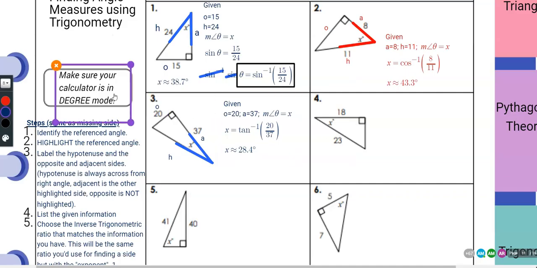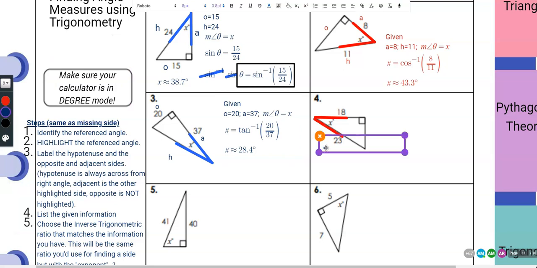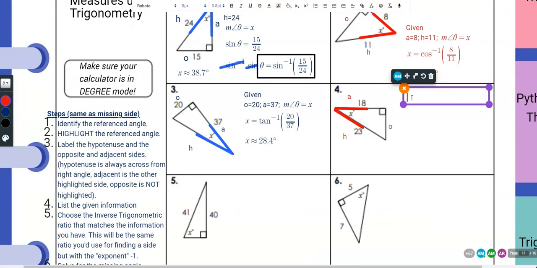Number 4. Again, still highlight the given angle. So I'm going to label the information given. Again, our hypotenuse is always directly across from the right angle. Our other highlighted side is the adjacent, and our unhighlighted side is the opposite. All right, so now I'm going to list my givens.